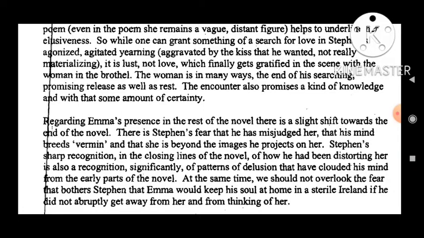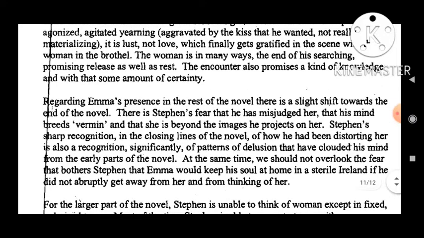So brothel means prostitution's home. The woman is in many ways the end of his searching, promising release as well as rest. The encounter also promises a kind of knowledge and with that some amount of certainty.